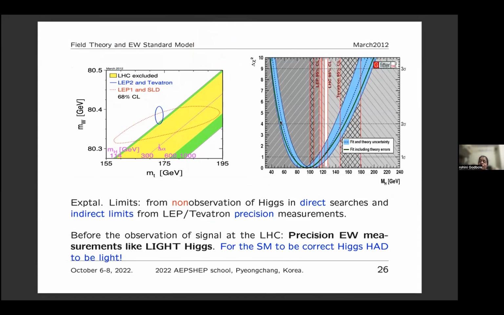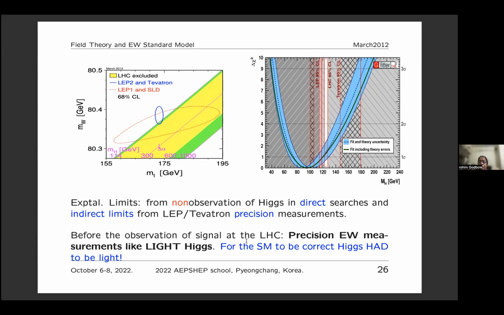So now here, these are the limits on where the Higgs should lie, such that in the standard model all the precision measurements will be compatible with the standard model predictions, and it will be consistent with the non-observation in the direct searches. So this was the overlap between direct and indirect searches for the Higgs.